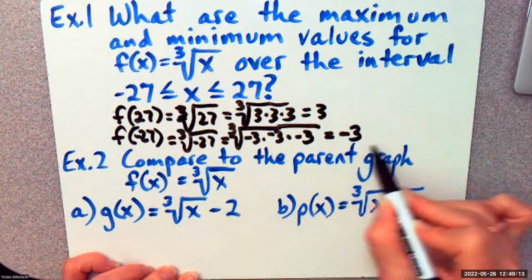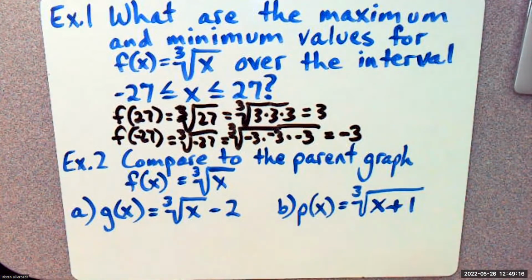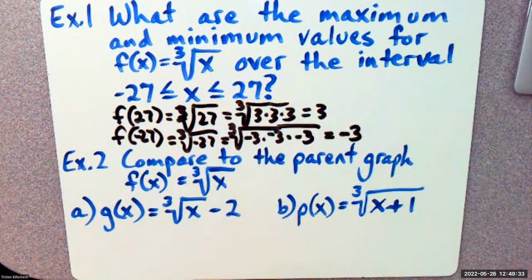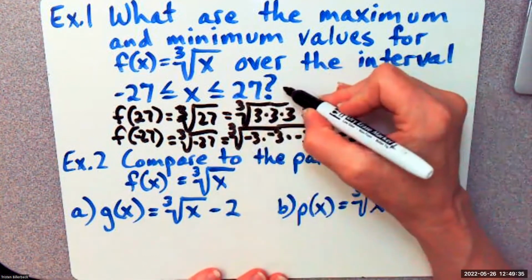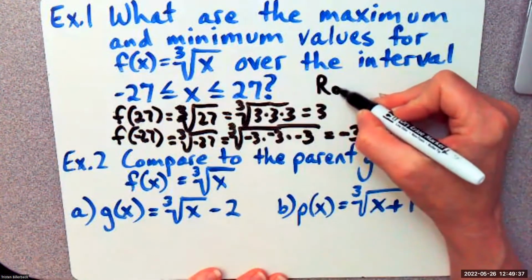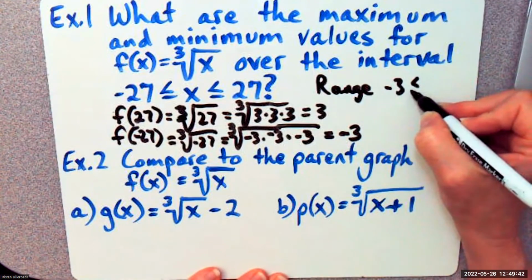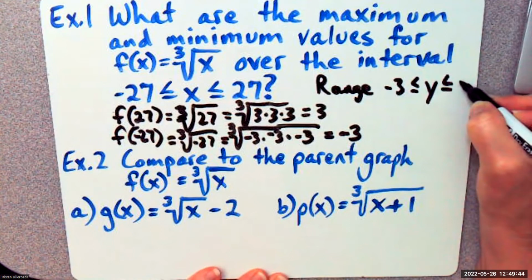So 3 negatives make a negative, 2 negatives make a positive. An even number of negatives makes it positive, an odd number of negatives makes a negative, okay? So we'll take it to the next level since you're about to graduate from Algebra 1. All right, so if this is the domain, the range will be negative 3 is less than or equal to y is less than or equal to 3.